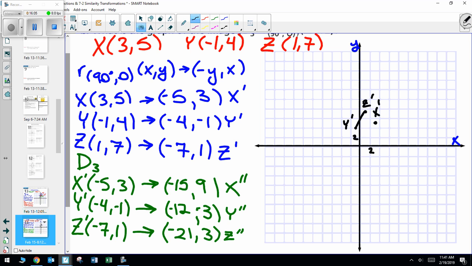And then my final figure, after rotating it and dilating it by 3, would have been at x double prime negative 15, 9, y double prime negative 12, negative 3, and z double prime negative 21, 3.